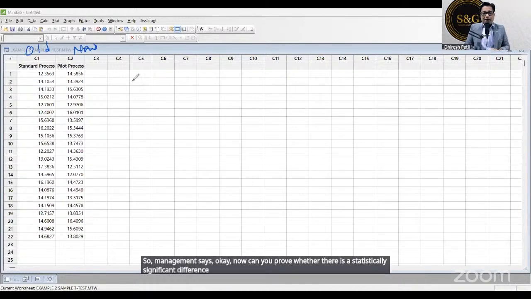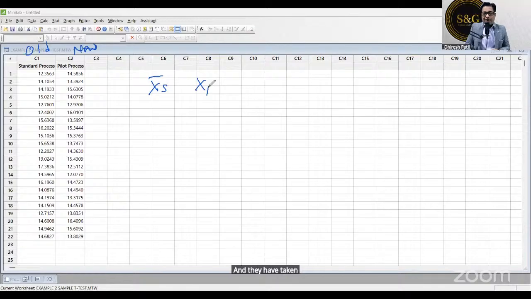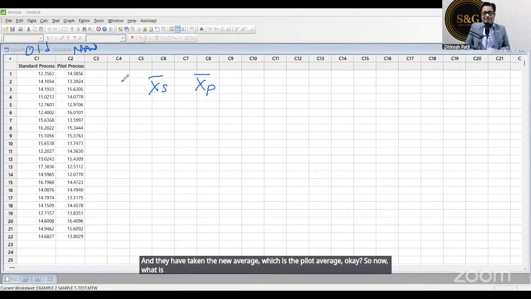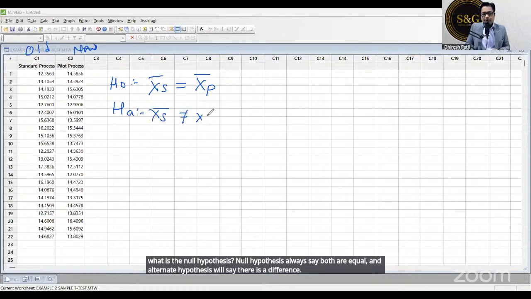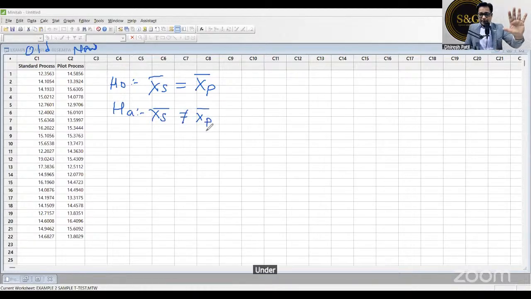So they have taken the standard average and the new average, which is the pilot average. Okay. So now what is the null hypothesis? Null hypothesis always says both are equal, and alternate hypothesis will say there is a difference. Understood? So they want to check a statistically significant difference.